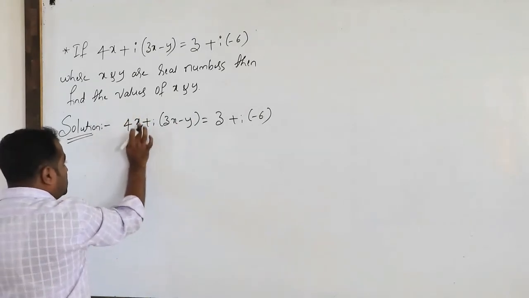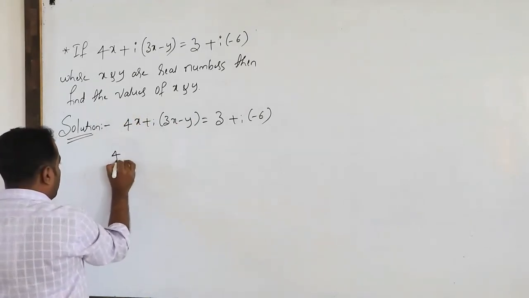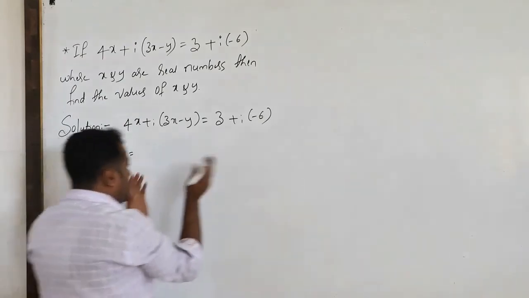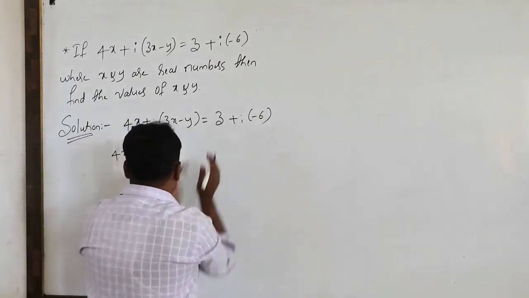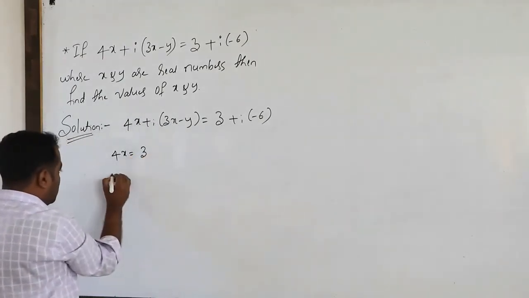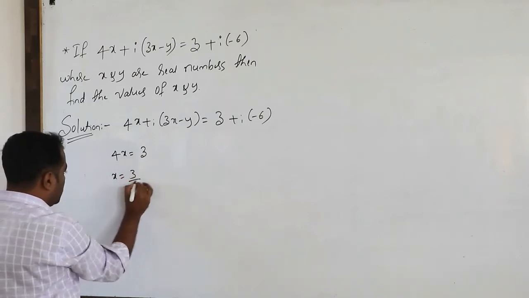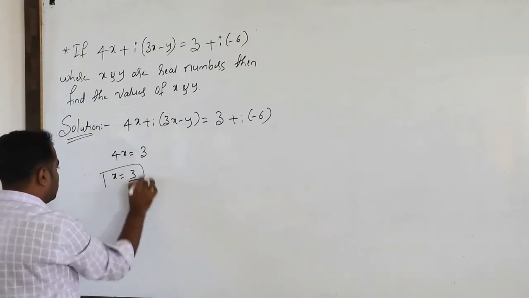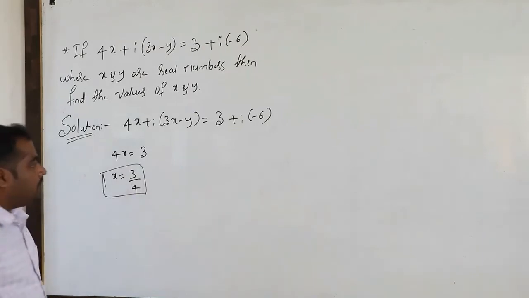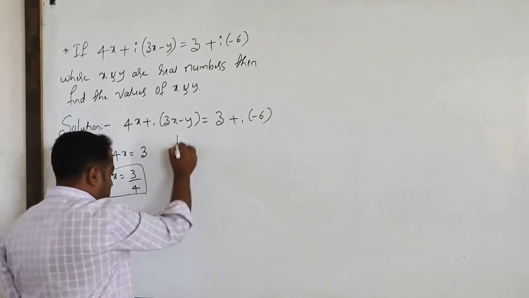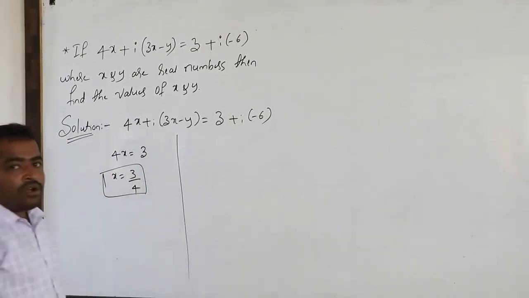Here real part is 4x, so real part equal to 3. So x is equal to 3 divided by 4. X value. Next again, find the value of y.